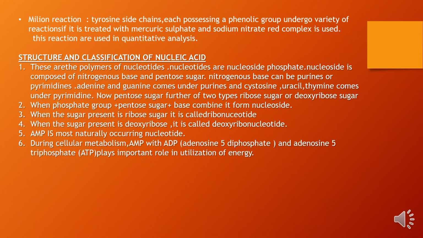When a phosphate group, pentose sugar and base combine, they form a nucleotide. When the sugar present is ribose, it is called a ribonucleotide, and if the sugar present is deoxyribose, it is called a deoxyribonucleotide. AMP is a naturally occurring nucleotide, and during cellular metabolism, AMP with ADP, adenosine 5' diphosphate, and adenosine 5' triphosphate, ATP, plays a very important role in the utilization of energy.